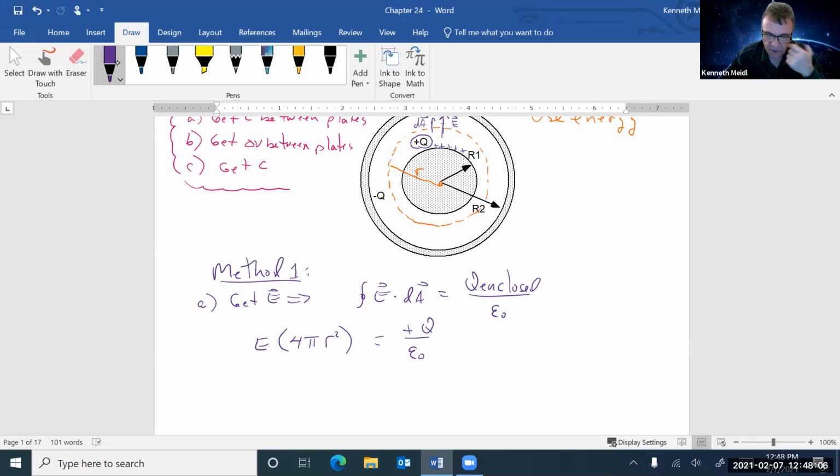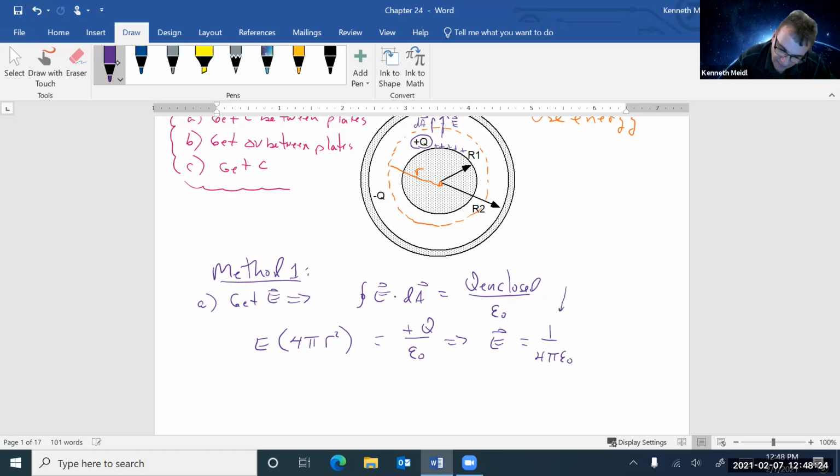eventually we have to get the voltage. That's the second step here. So I'm thinking that it might be worthwhile to write the electric field as 1 over 4 pi epsilon naught, right?